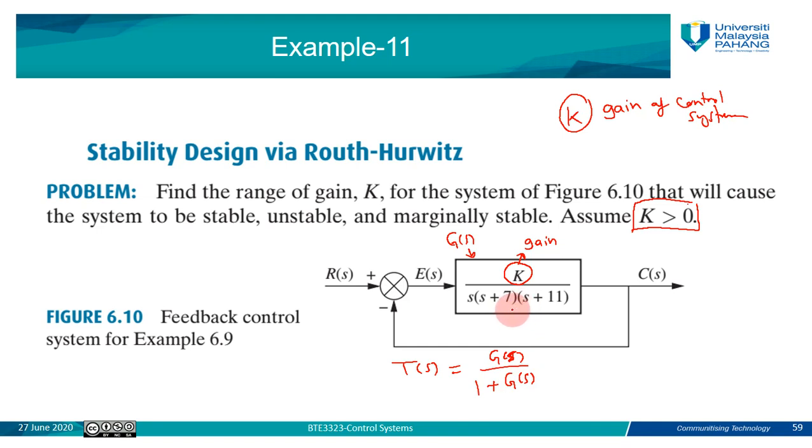After we find T(s), we identify our characteristic equation. Then we build our Routh table to identify how many changes in sign occur in the first column elements. Based on this, we decide whether our system is stable, unstable, or marginally stable.